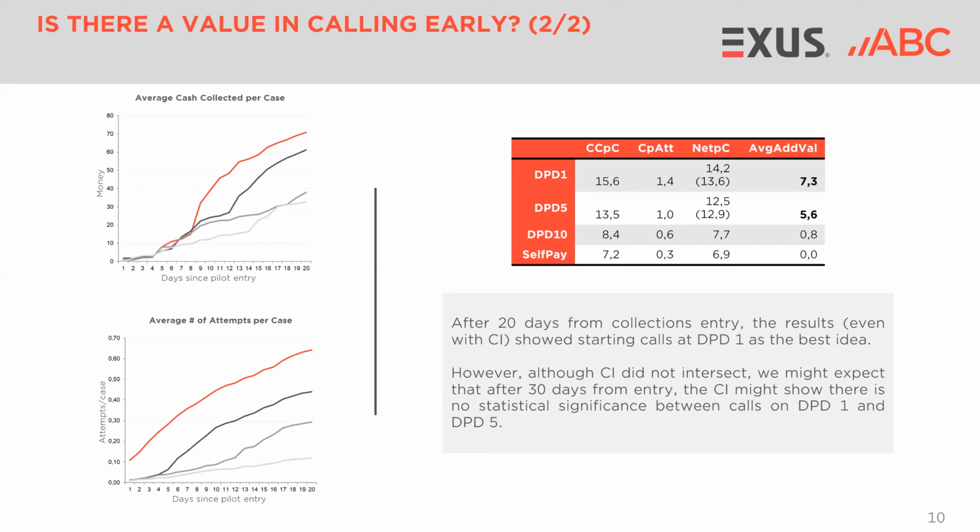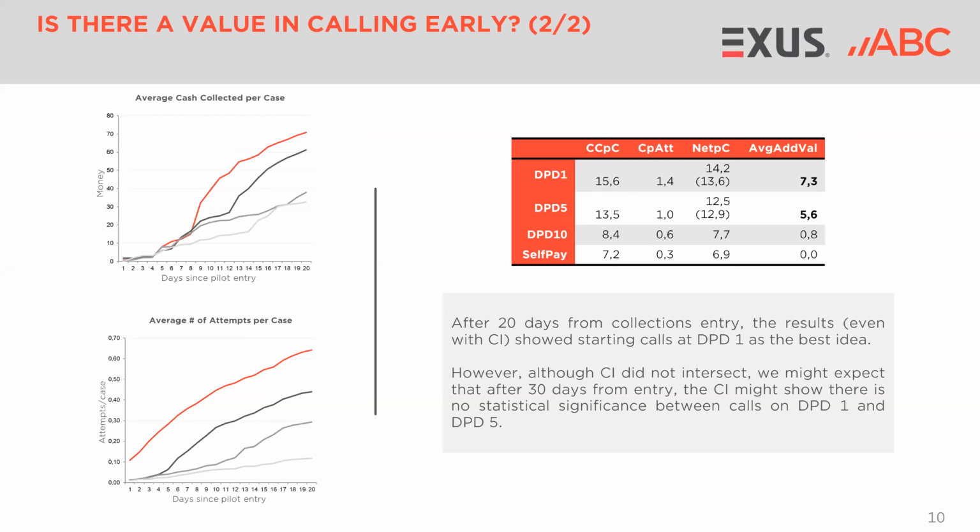Here, we wanted to really look at cash collected per case and average cost per case. And how did we achieve that? We measured the cash collected, not exceeding the past due amount, and we divided it by the number of cases that were in the trial.